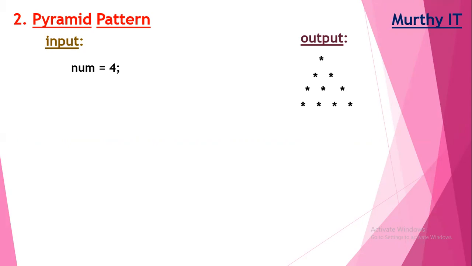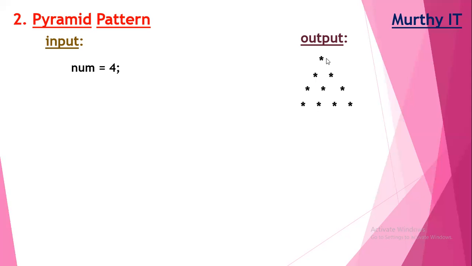If you observe carefully, for the first star, we need to print four spaces. For the second star, three spaces we need to print.